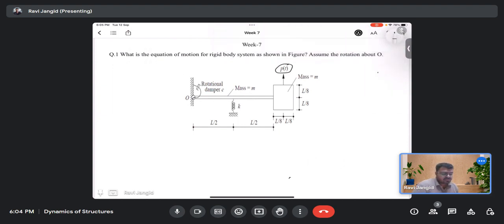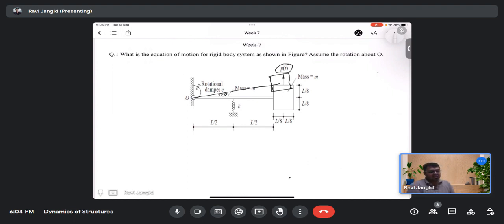If we are applying P(t), it means my bar is rigid, it will go upper side with an angle, let us suppose theta, whatever you want you can consider. And then my box will also go like that.